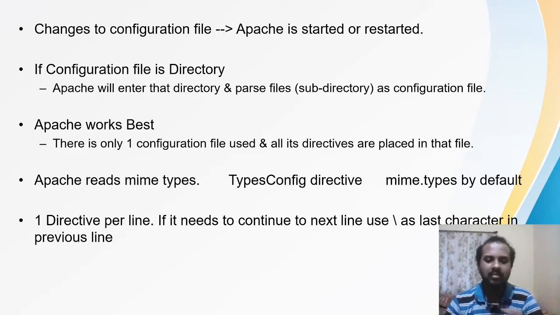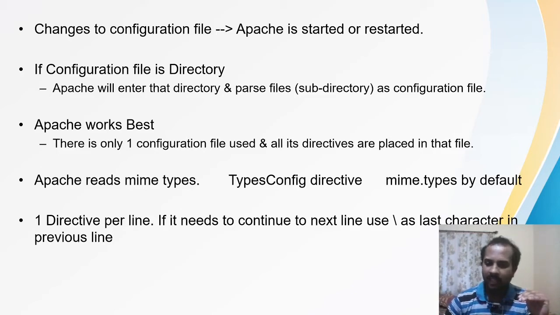Then in the previous line you have to put a backslash as the last character. For example, I write one directive and its explanation, and I want to go to the next line, so I use the backslash at the end of the line and then come down.